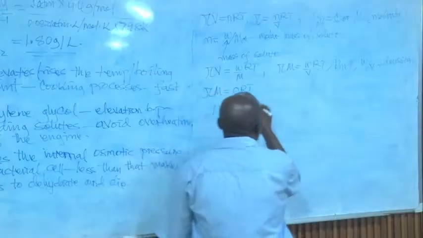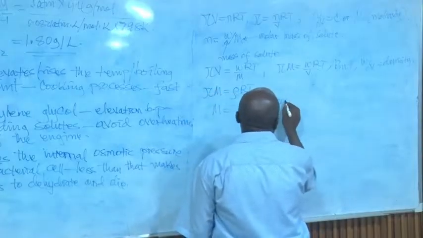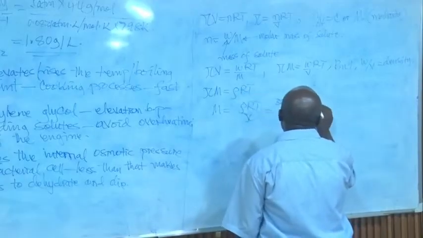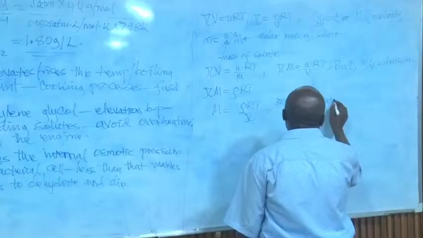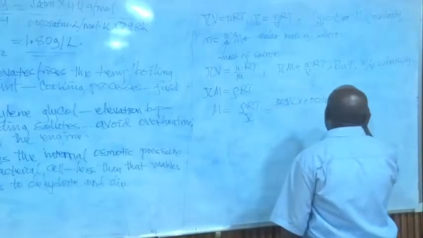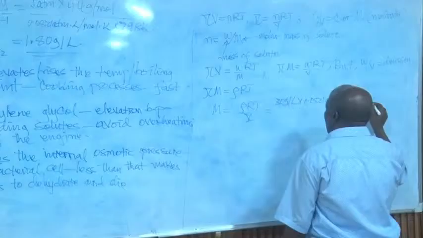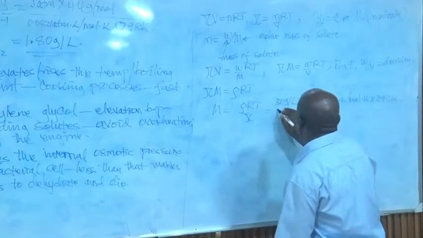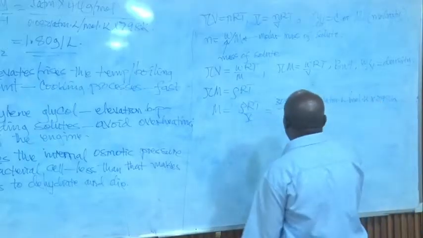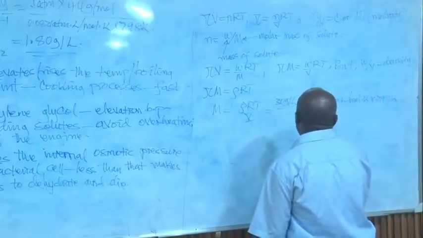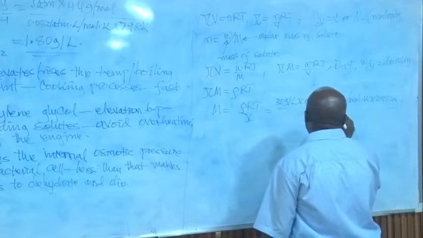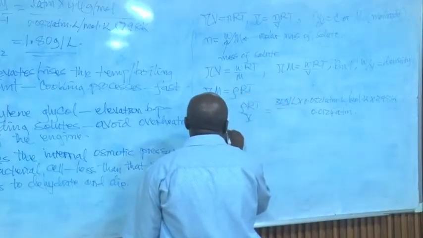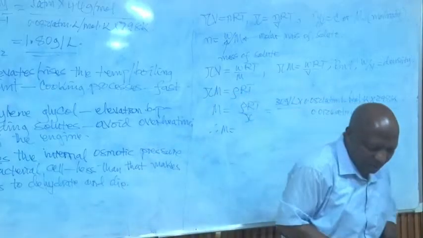The density here is 30 grams per liter, R is 0.0821 atmosphere liter per mole per Kelvin, times the temperature, which is 298 Kelvin, the absolute temperature, divided by the osmotic pressure, which is 0.0124 atmospheres.